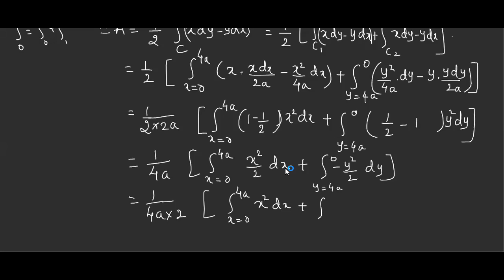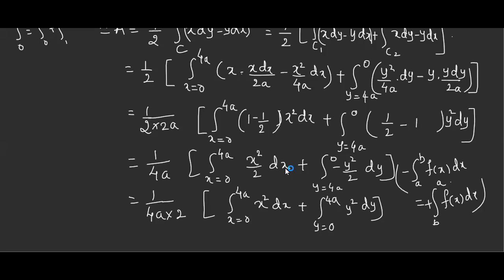Very good. If you consider the minus, the limits will be interchanged. Integration a to b of f of x dx, along with a minus sign, can be written as integration b to a of f of x. If I want to write it with a plus sign, I should change the limits. You have learned this concept, correct? I've applied the same. Now perform the integration.